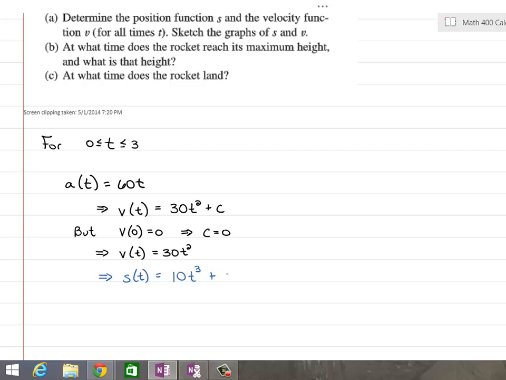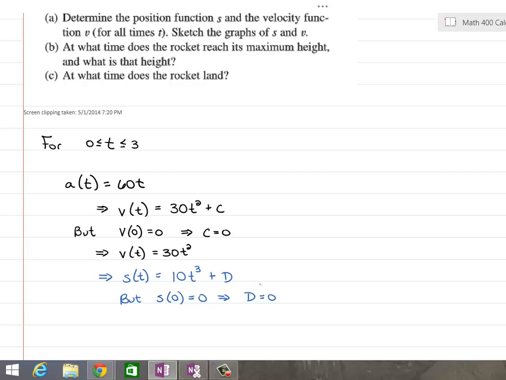And then plus a different constant. I'm actually going to reuse my letter c. Well, I better not. I'll use d here. I'll just keep incrementing the letters. However, we know that the initial position is going to be 0. At least that's what I'm going to say. Okay, so that implies that d is equal to 0.